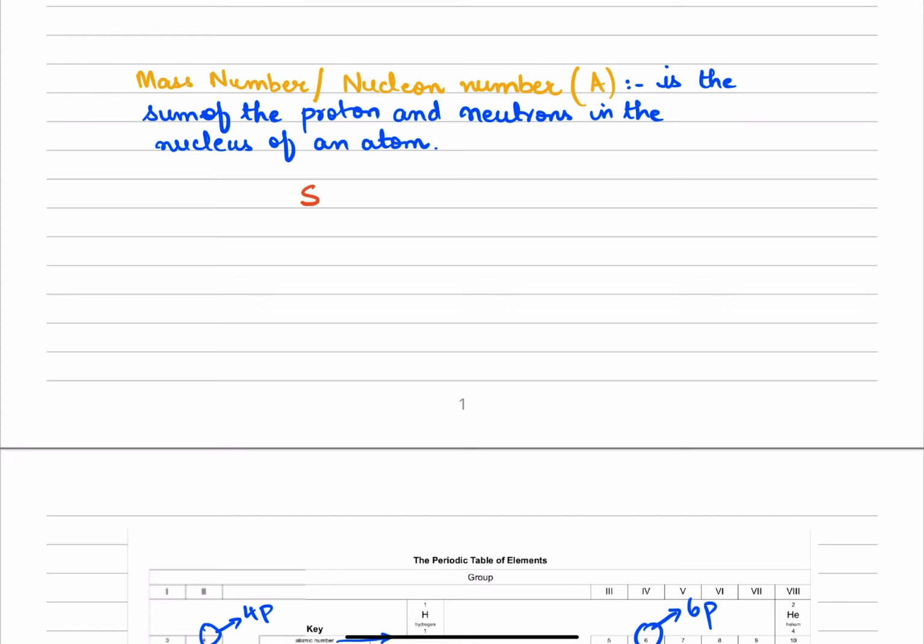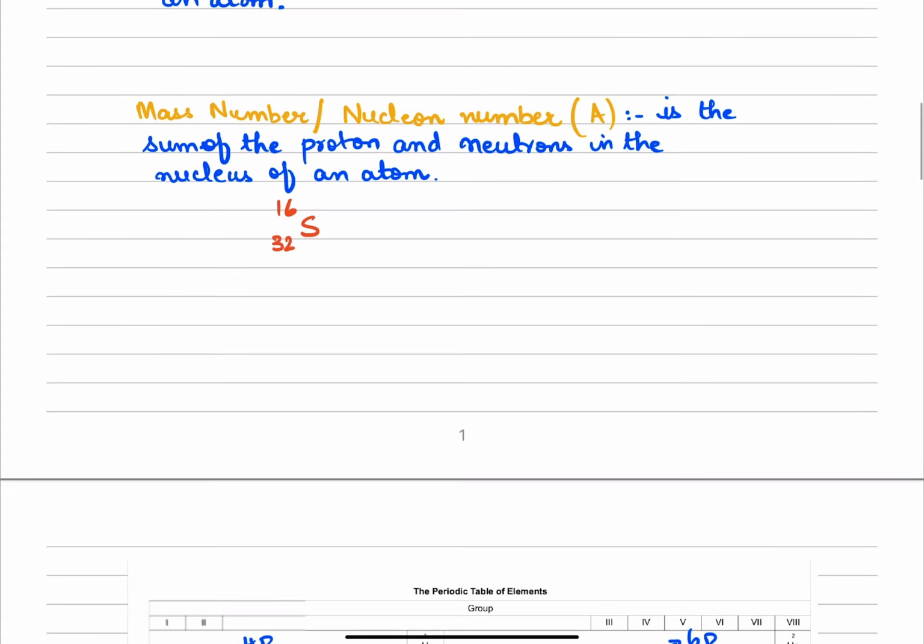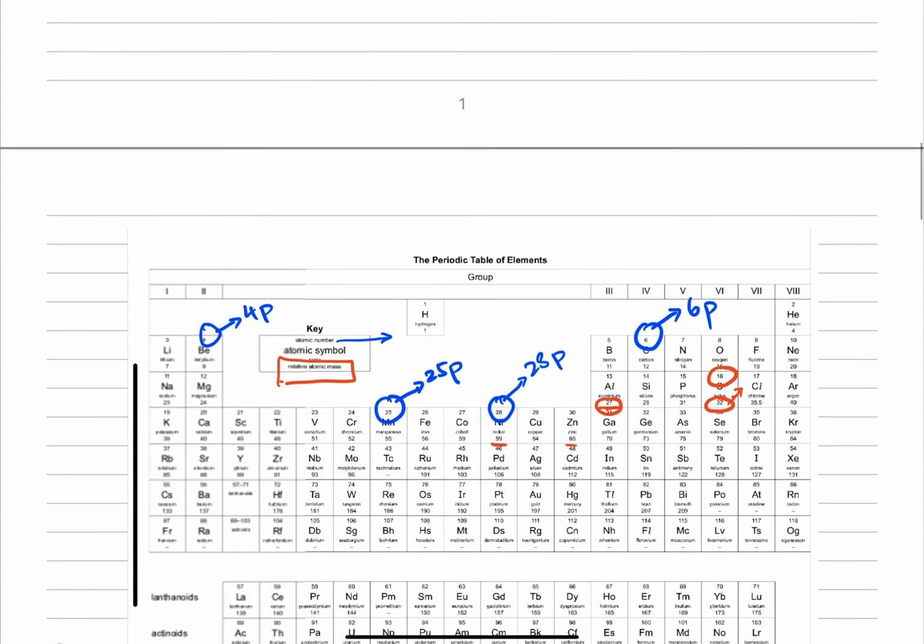If sulfur has a mass number of 32, this means that 32 is the number of protons and neutrons. And sulfur has 16 protons as given in the periodic table. So 32 minus 16, sulfur has 16 neutrons. 32 is protons plus neutrons, 16 is only protons, so protons plus neutrons minus protons will give you the number of neutrons.